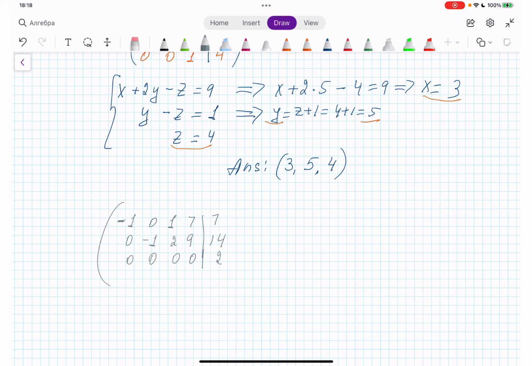What am I getting from here? If I write it down in the form of equations, it's going to be negative x plus, the second one is 0, so it's going to stay 0.